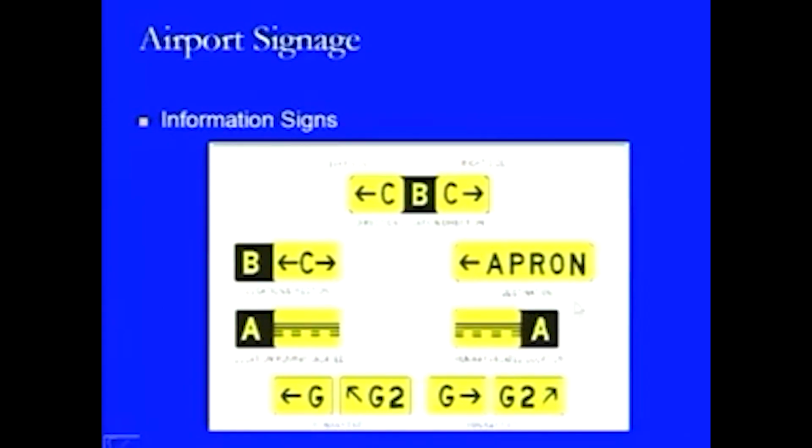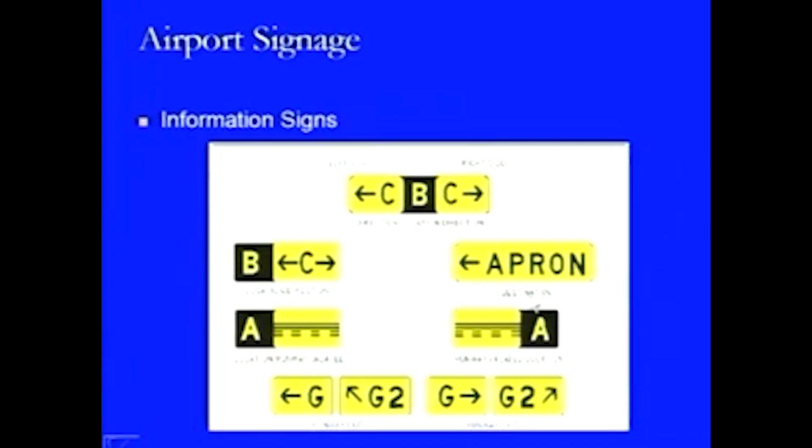And then there are certain information signs used on the airport. If this is the type of sign, it says that at the center, shown with the black background, this is the location at this point, whereas on the left-hand side this is C, or on the right-hand side this is another direction, like for location C. Here it is a combination of only one location and one direction.